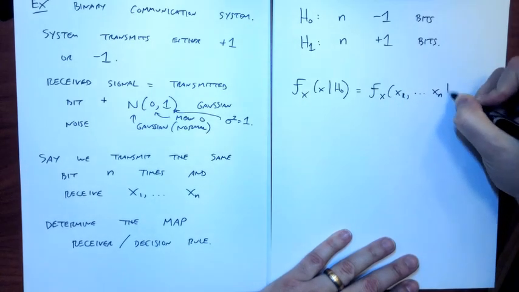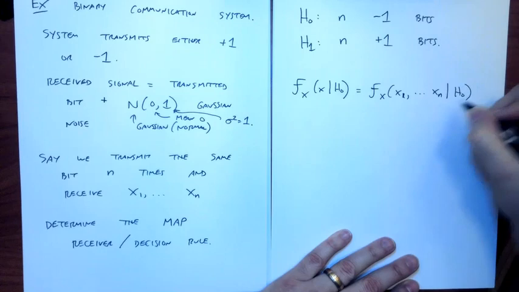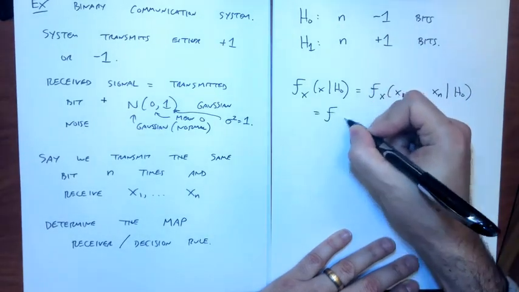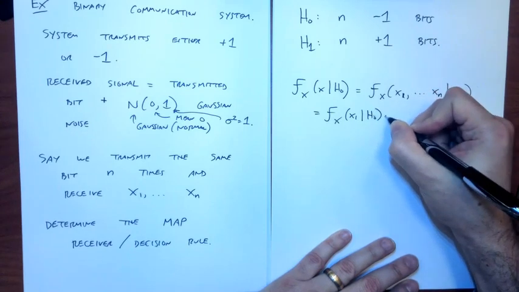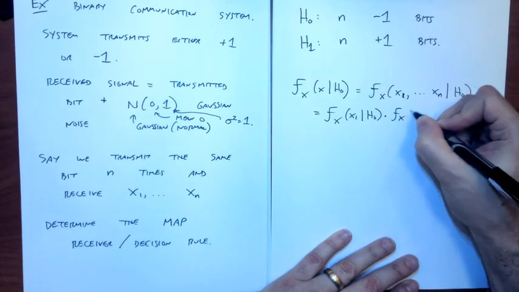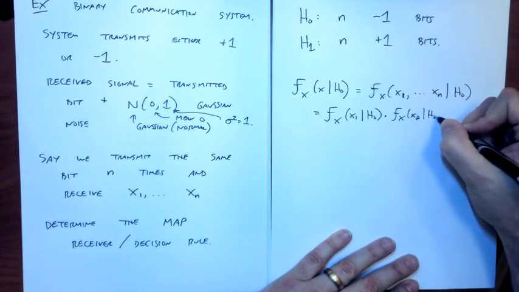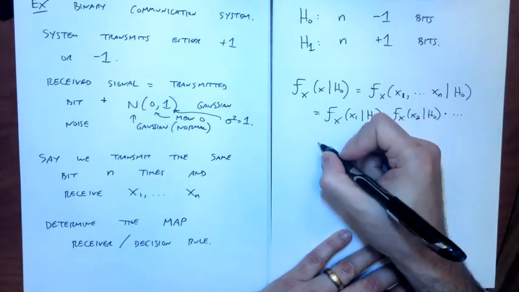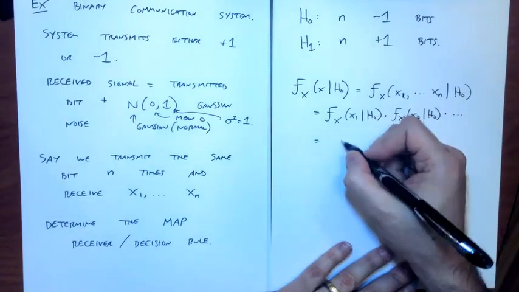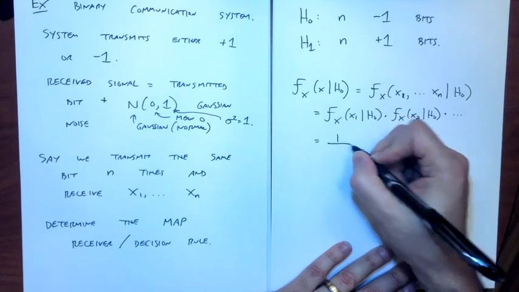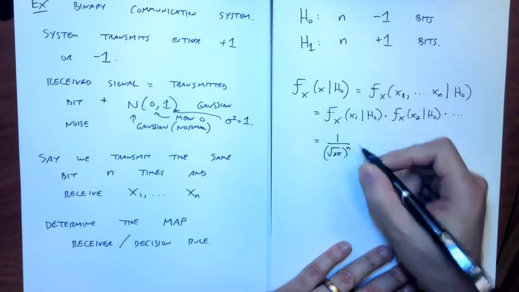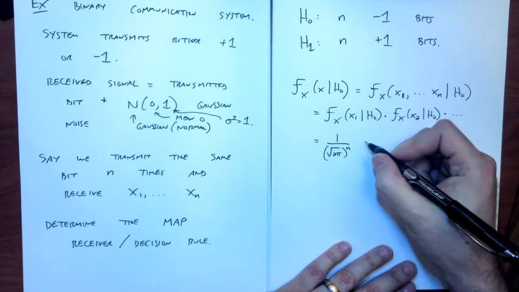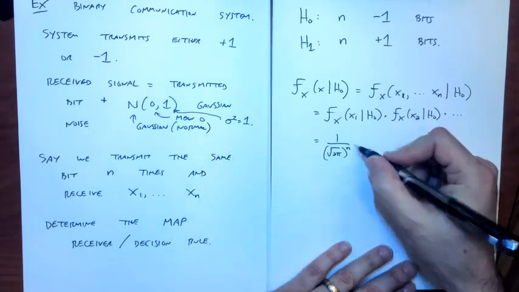It's saying, what's the probability this is what I saw given H0? Since everything is IID, that's like saying I have the probability like this, the probability like this, and so on. So really, that's like saying I have the Gaussian distribution times itself n times. So I have 1 over square root 2 pi to the n, and the variance is 1, so there's no sigma to worry about.